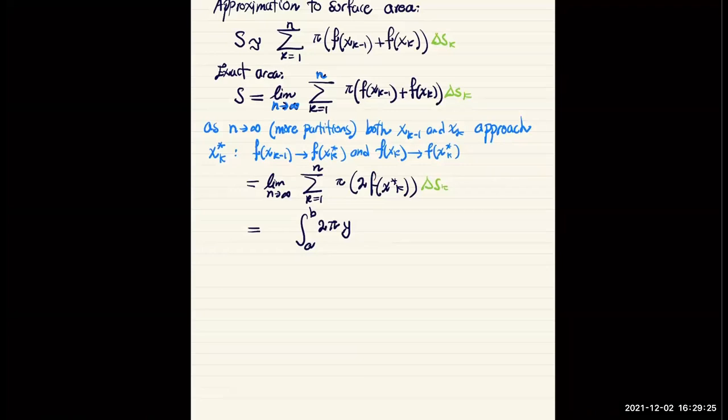Let me also write that in a different color so you can make the association. Okay, so 2 pi times y. And then if you remember, this is just arc length increment.